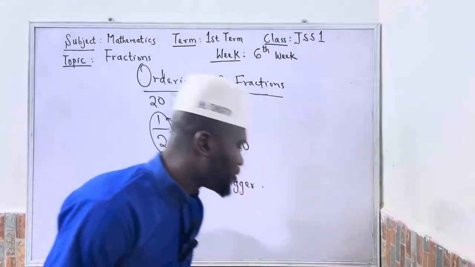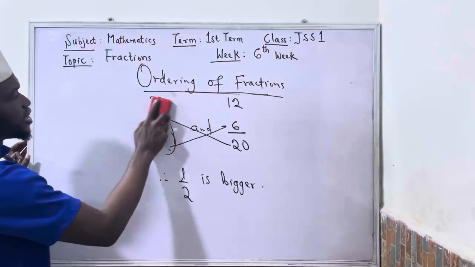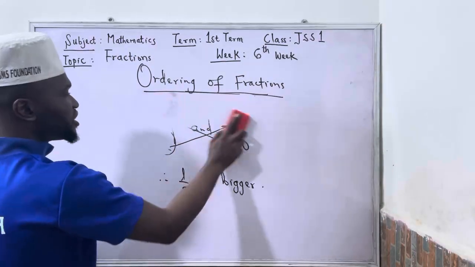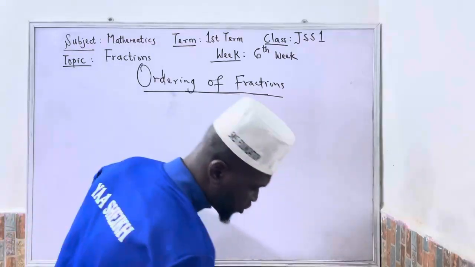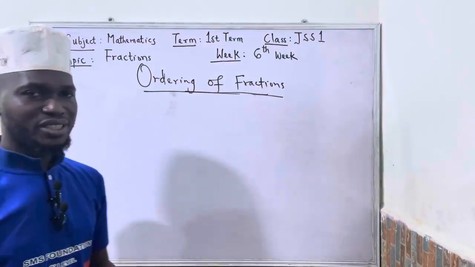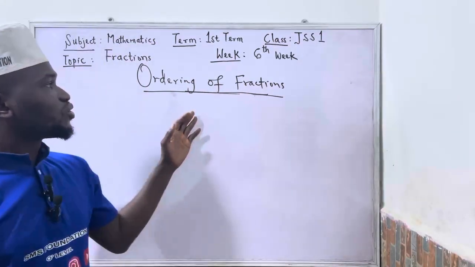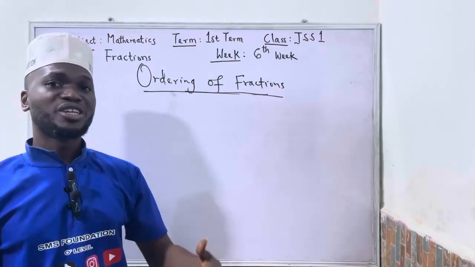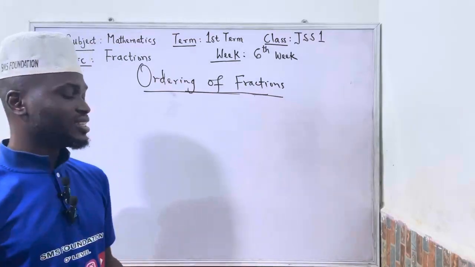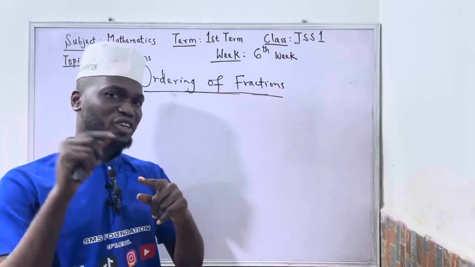Very good. Now, let's see how we can deal with more than two fractions. First of all, the method that we use in arranging fractions from smallest to biggest or biggest to smallest is the method of equivalent fraction.